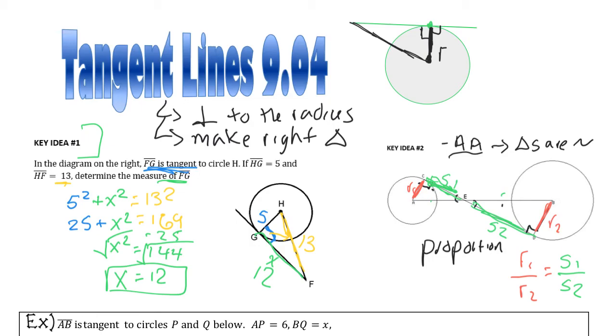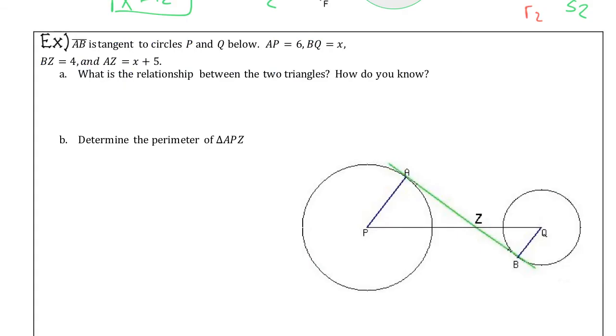So let's look at an example together. So here's our first example. We got BZ is 4. AZ is x plus 5. AP is 6, so that's my radius. And BQ is x, also my radius. So what is the relationship between these two triangles, and how do you know? Well, they say AP is tangent.